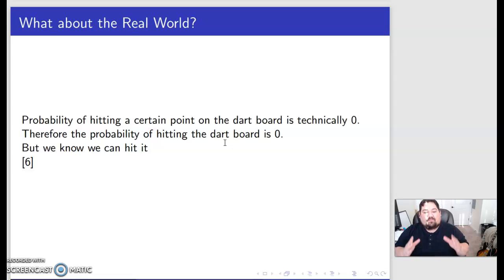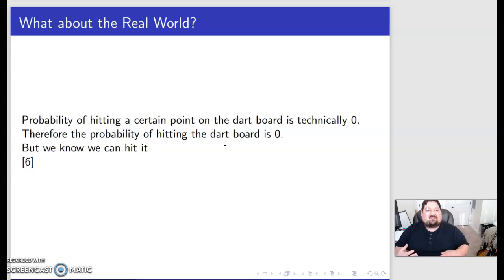And so when we think about that, if we add up all those probabilities to hit certain points, then the probability to hit the dartboard itself would be 0. But we know that we can hit the dartboard with a dart. So if we're using our natural numbers, it would be impossible.